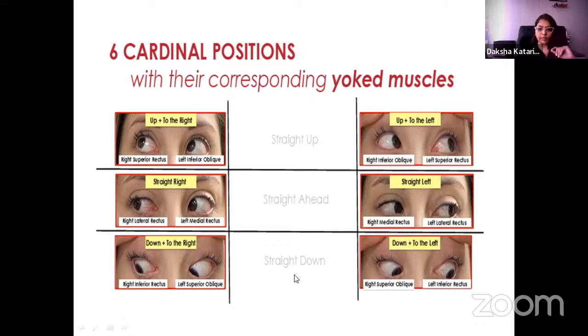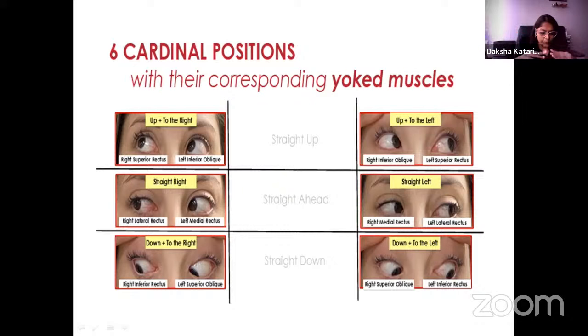It is important and we are not supposed to miss that. So what we are actually doing are the 6 cardinal positions, and the rest two are to be done separately from the broad H test.